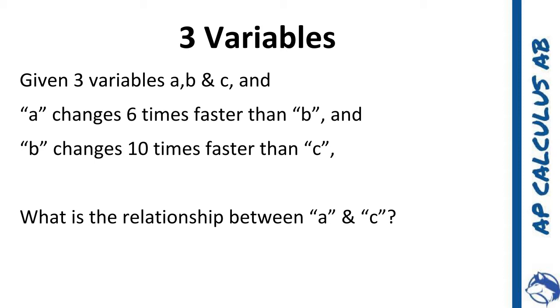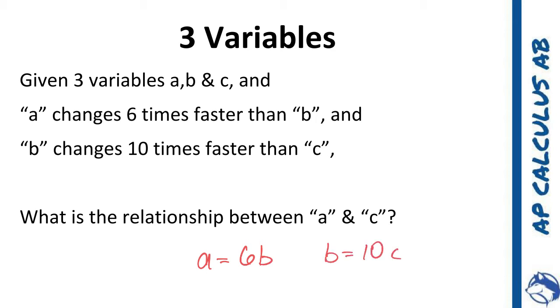So right off the get-go, if we had three variables, a, b, and c, and a were to change 6 times faster than b, and b were to change 10 times faster than c, what is the relationship between a and c? Well, hopefully we're thinking that a is equal to 6 times b, and we're thinking that b is equal to 10 times c.